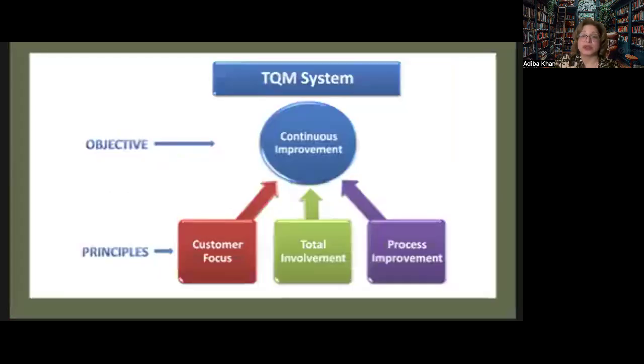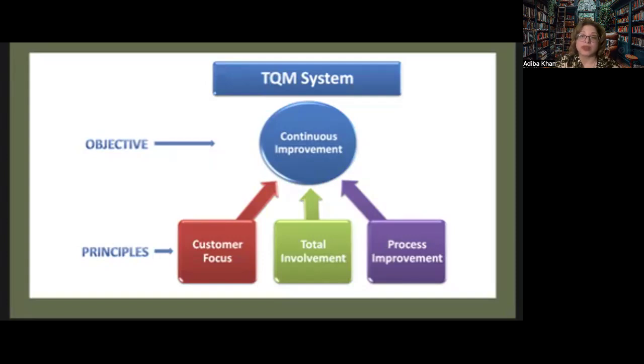So let's look at total quality management. Just in time and total quality management are both strategies that are used to improve organizational performance. Just in time focuses on producing what's needed when it's needed. Total quality management focuses on improving quality through continuous improvement.